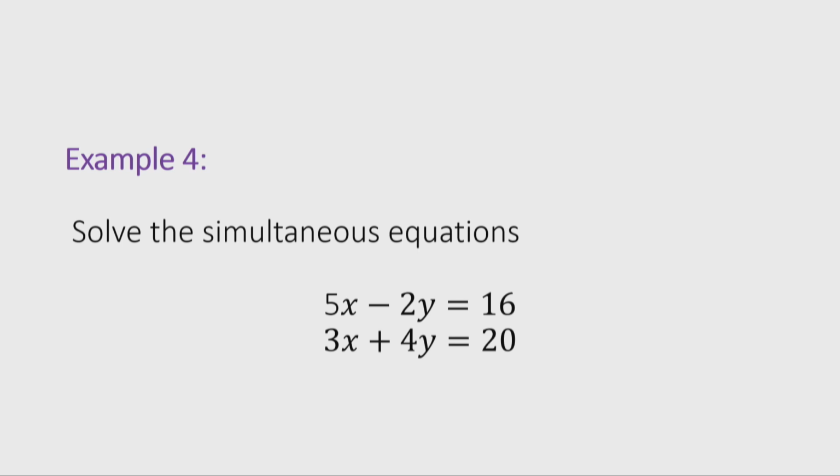For y in equation 1, the coefficient is 2, and in equation 2, the coefficient is 4. So again, we do not have the same coefficient. To be able to eliminate one of the variables, we need to have the same coefficient. So how are we going to proceed now to solve these two equations?